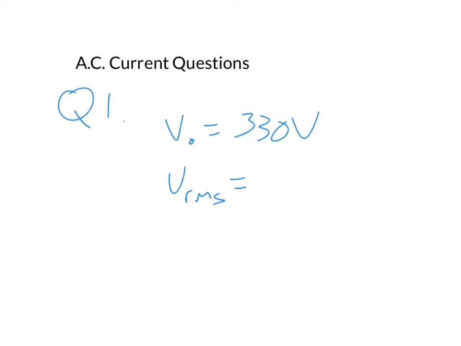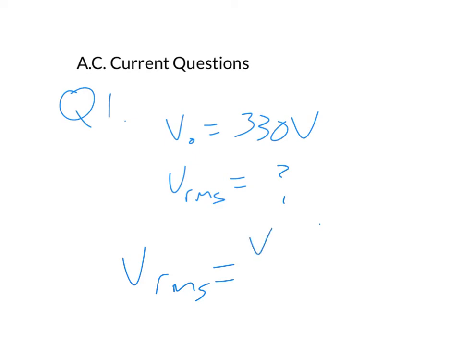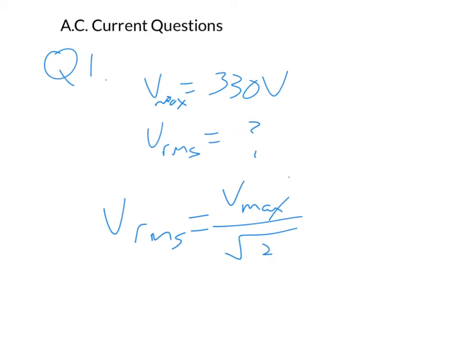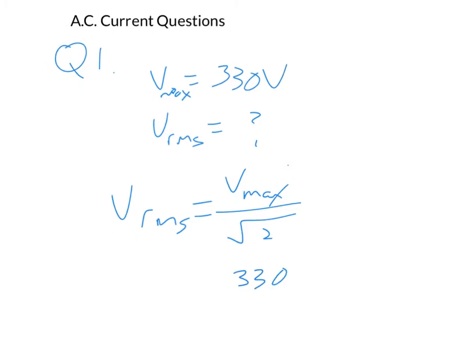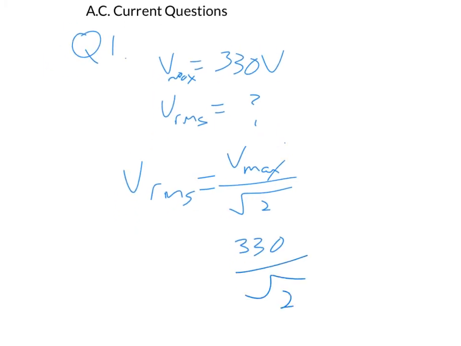To solve this, we're just going to use the formula that the root mean squared voltage is equal to the max voltage, which I've already put down here as V0, but you can use either. The max voltage divided by the square root of 2. Now we can fill in the max voltage, 330, divided by the square root of 2, and that will give you your answer.